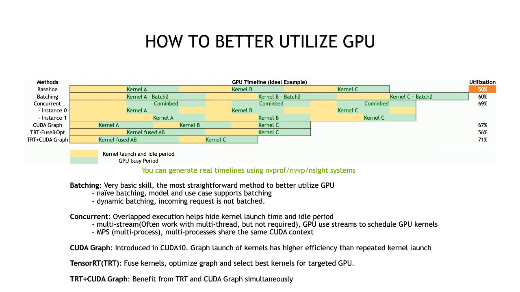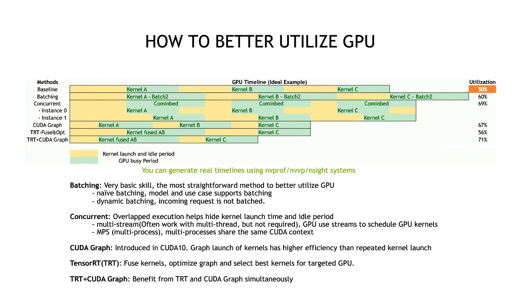But if you cannot use multi-stream, the option to run kernels concurrently on the GPU is called MPS, multi-process service. Actually, a CPU process holds one CUDA context.